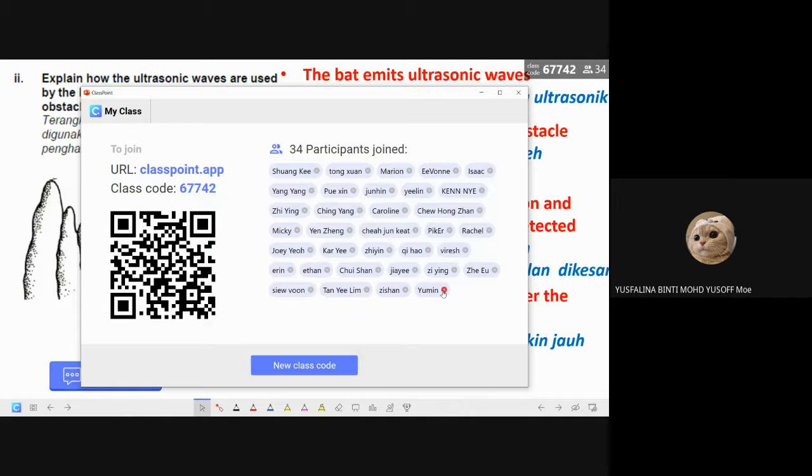So the monitor, can you detect 1 more person who has still not joined the class? Jia Yi, Xiying, Erin, Ethan. Who, Jia Yu? Jia Yu is here, right?